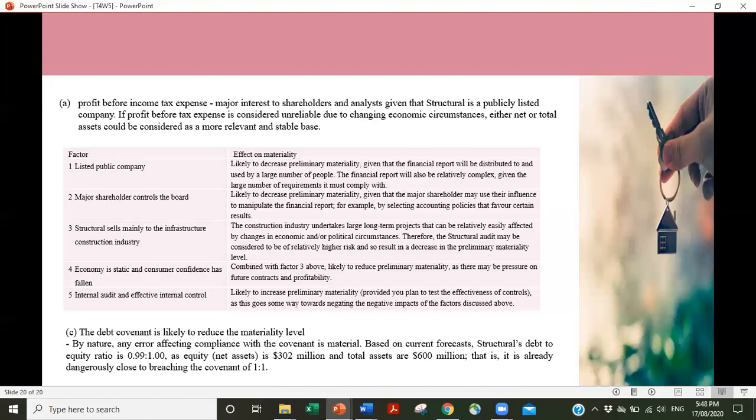So your shareholders, in this case, the major shareholder controls the board. So that's also a decrease in your preliminary materiality, because if they're a major shareholder and they can use their influence, they may want to have certain results occur.